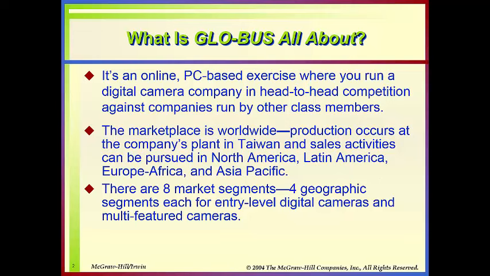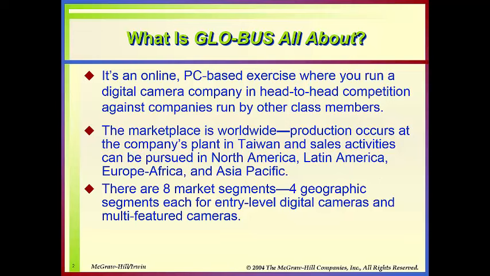Your revenues in Europe are in euros. Your revenues in Latin America are in Brazilian reais. Your revenues in Asia Pacific are in yuan. And your revenues in North America are in North American dollars, not Taiwanese dollars.